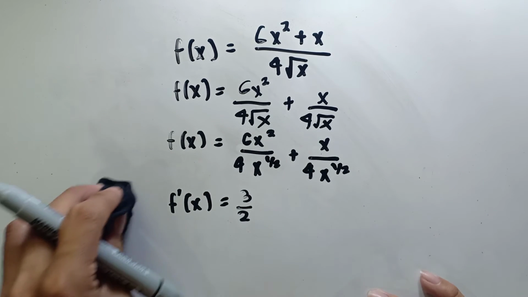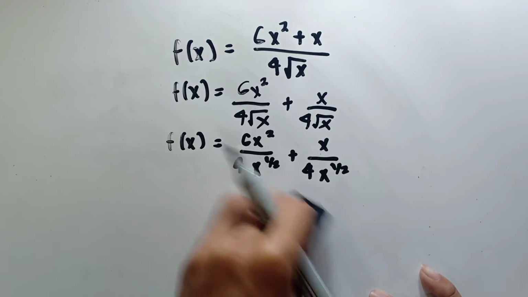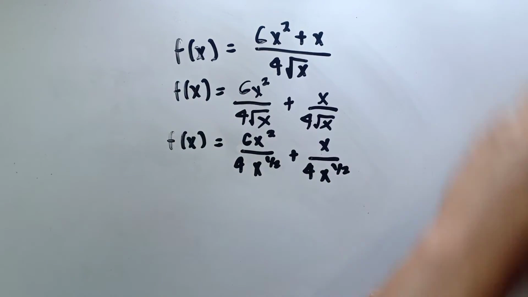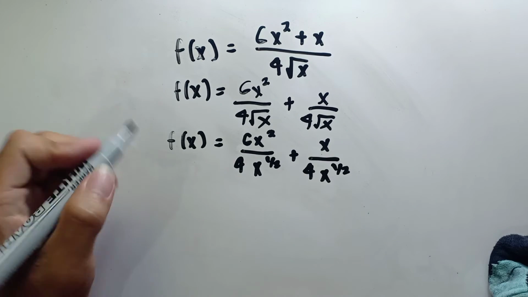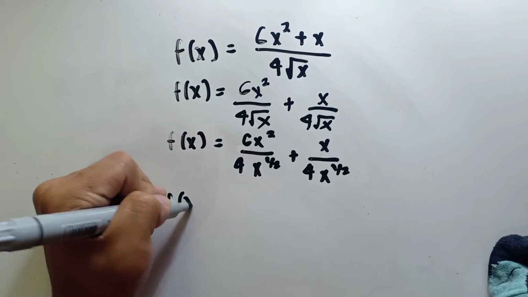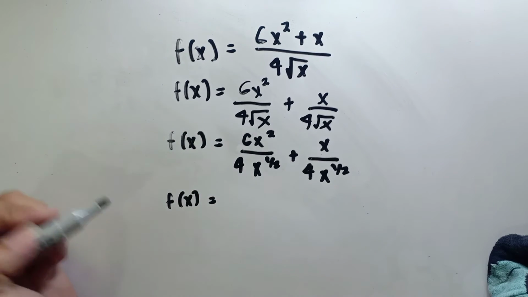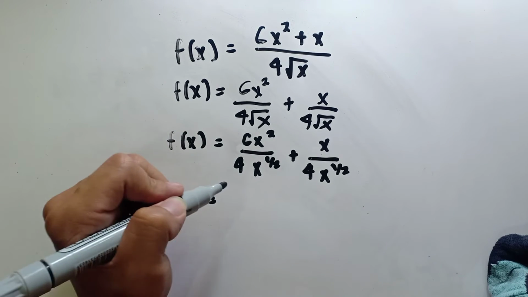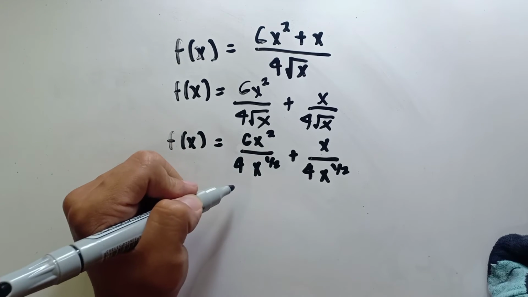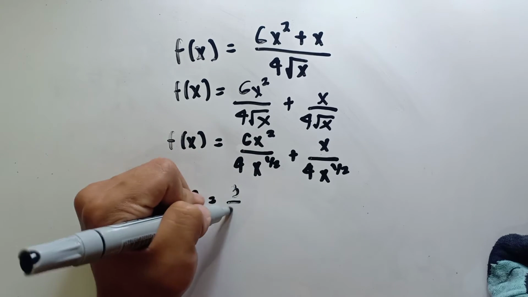So we can simplify this into its simplest form before we differentiate, because I have seen a lot of mistakes in simplification, rather. So we can simplify this rational expression into 3 over 2.